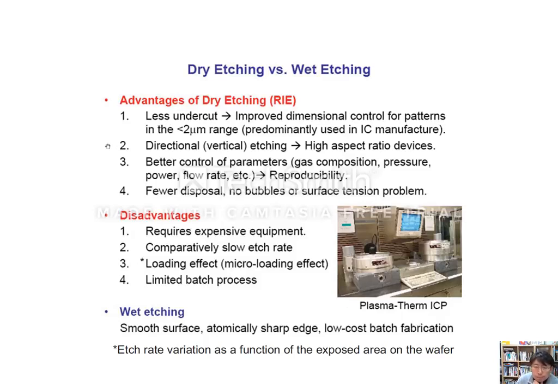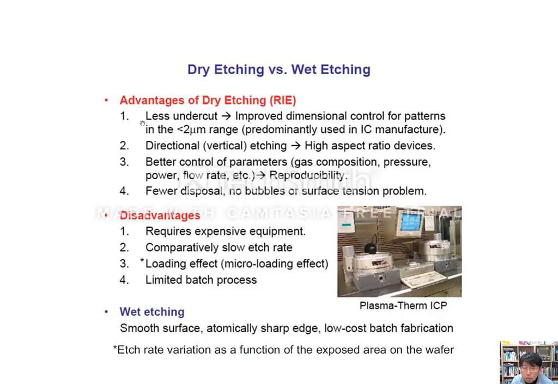For dry etching, there is less undercut, which is a relative advantage over wet etching. In wet etching, you really worry about undercut because with over etching you always have undercut.